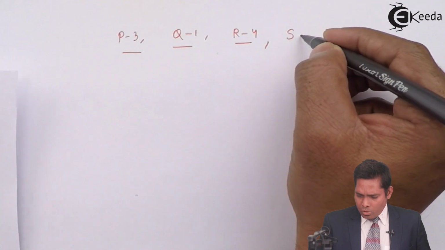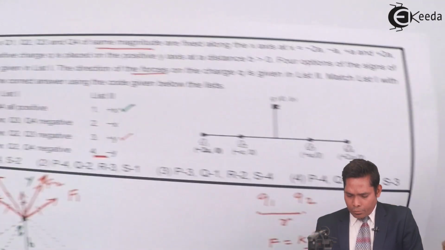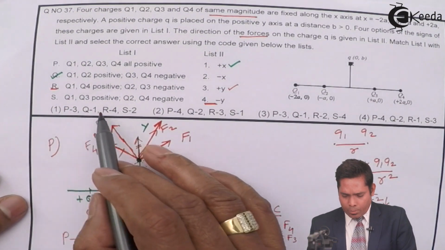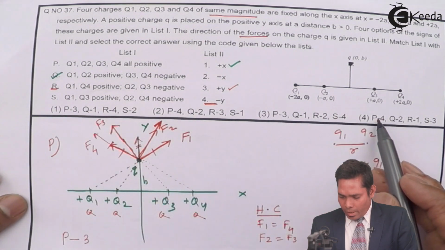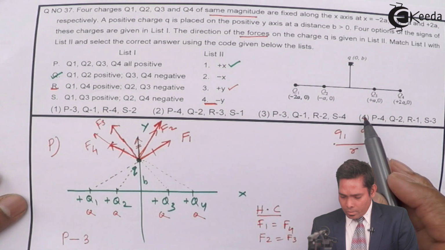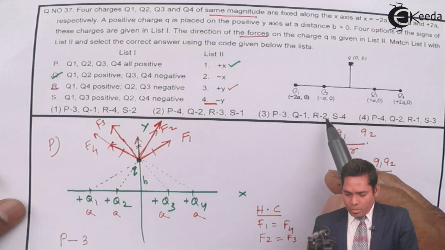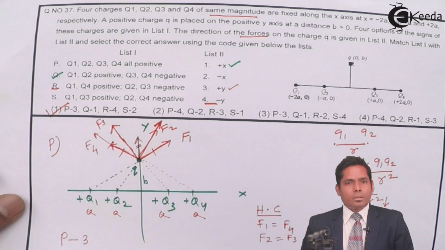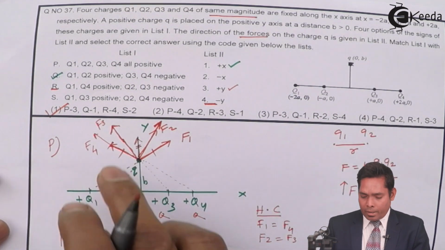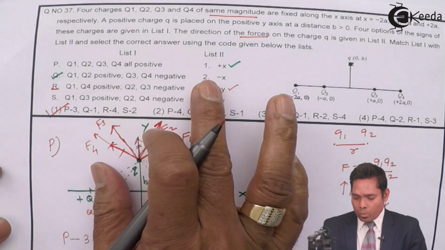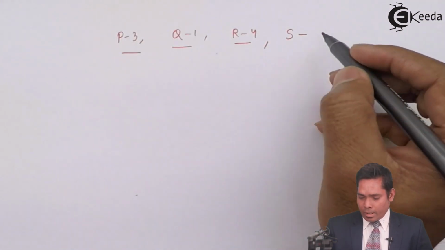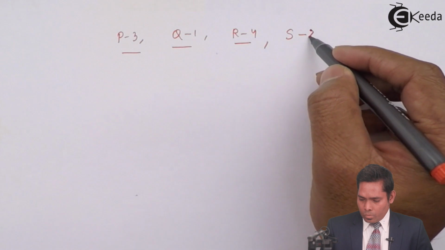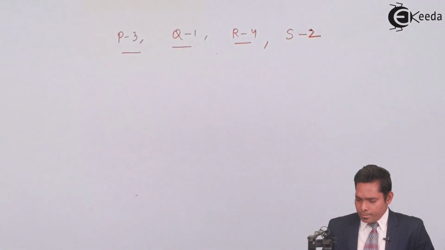And S I have not solved, but if you see, only this option P3, Q1, R4 is matching and no other one is matching. Therefore, option 1 is correct. But still we'll find that S is matching with 2, that also we'll see in the question. Otherwise in the exam you can write S2 without solving, but we'll solve that.